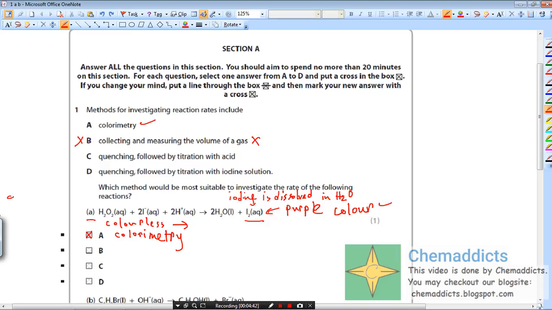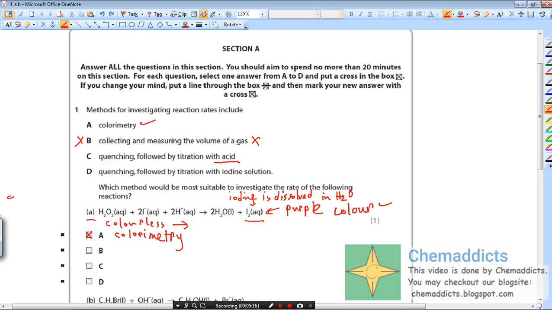Now let us move on to option C. Let us see why option C is not a suitable method for investigating the rate of this reaction. Quenching followed by titration with acid. Here they say that we will titrate this solution with acid.